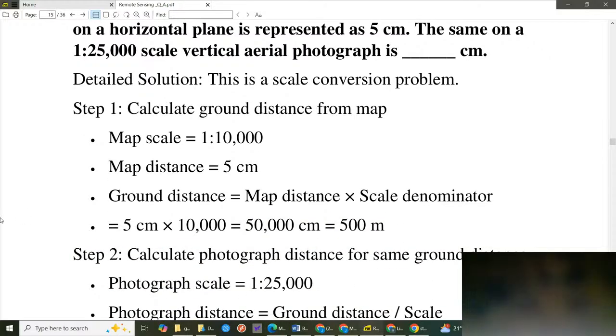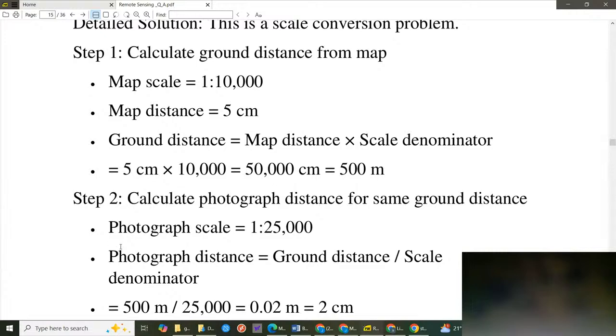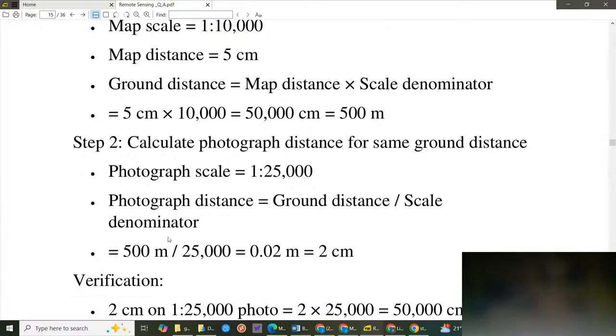Step 2: calculate photograph distance for the same ground distance. Photograph scale is 1 to 25,000. Photograph distance is ground distance divided by the scale denominator.